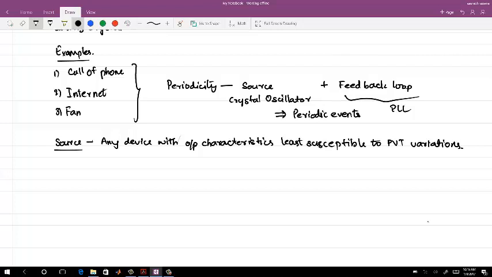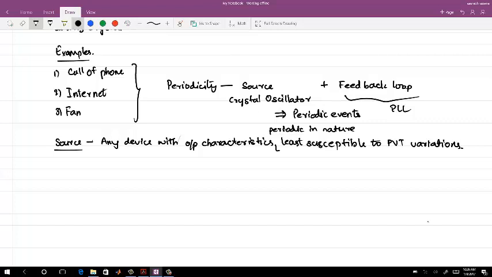With output characteristics periodic in nature, obviously we are looking for a periodic source, that we forgot here, and least susceptible to PVT variation. PVT variation is pressure, voltage, temperature, those variations which exist around the electronic system.